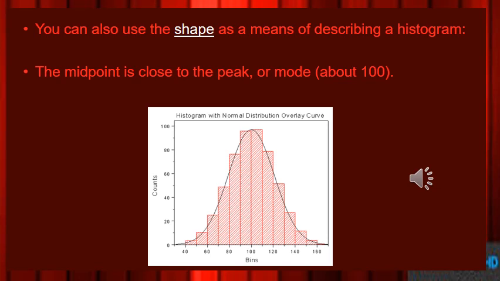The peak of the curve, we call it the mode. We'll see that later. So for example, here, your distribution starts at 40 and ends at 160. So the midpoint, the center of the distribution, is at 100. The highest point of the curve is also 100. So this is what we call a symmetric distribution.